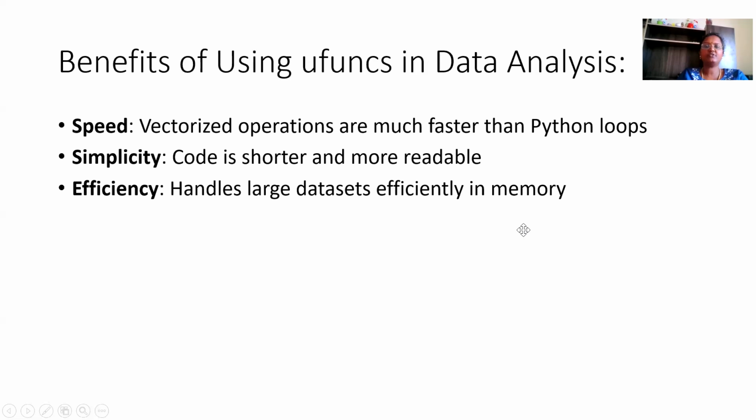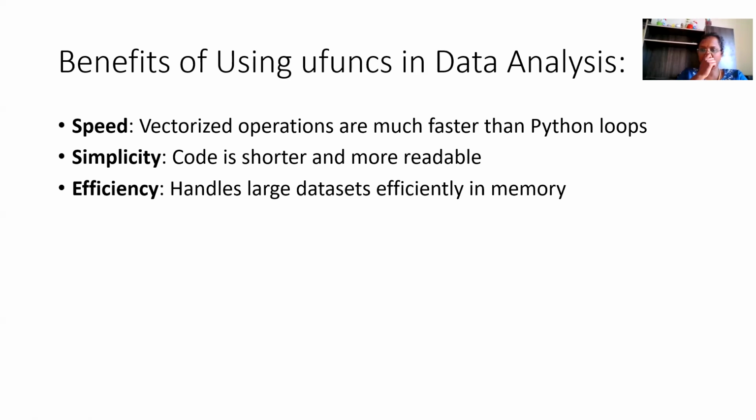What are the benefits of using these universal functions in data analysis? First thing is speed. The vectorized operations are much faster than Python loops. Then simplicity: the code is shorter and more readable. And efficiency: it handles large data sets efficiently in memory.